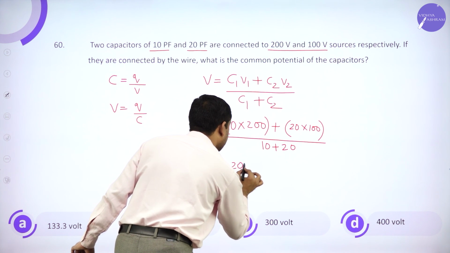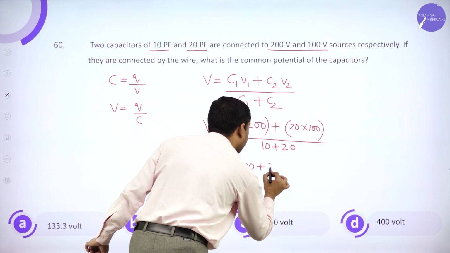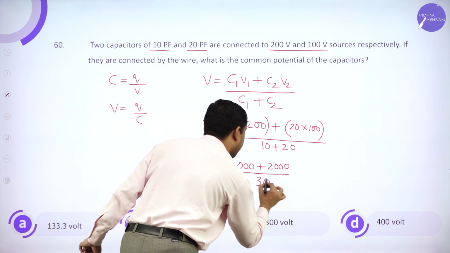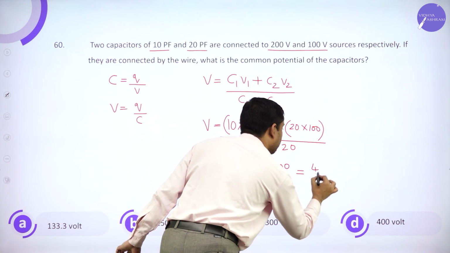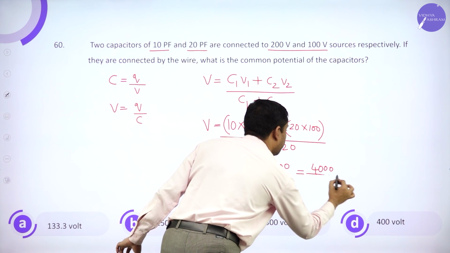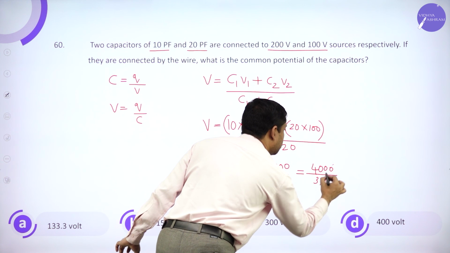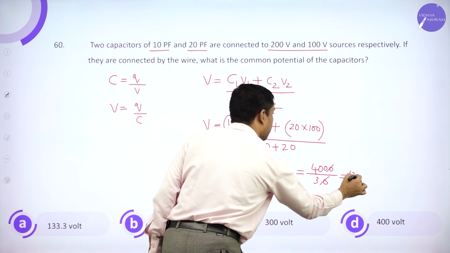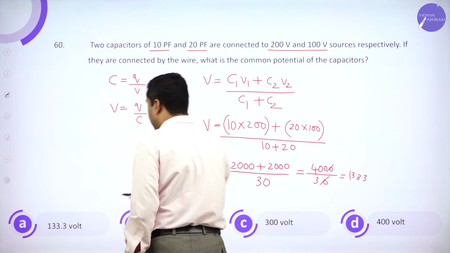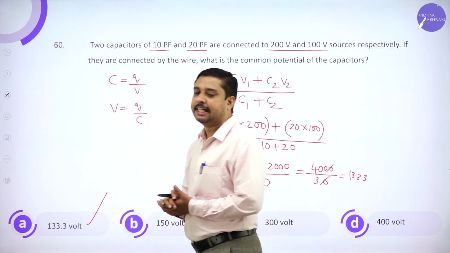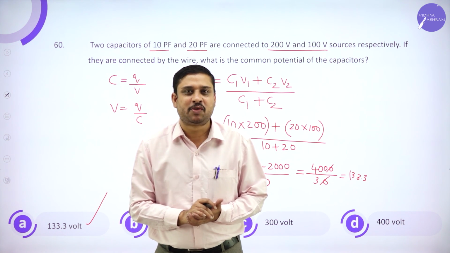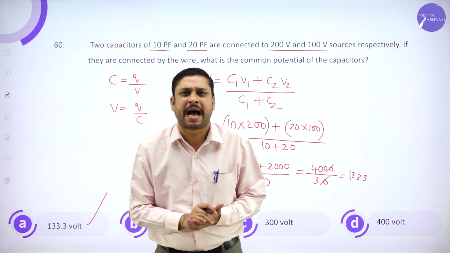So this is 2000 plus 2000 by 30, which is 4000 by 30. So this is nearly 133.3. So the common potential is 133.3 volt.